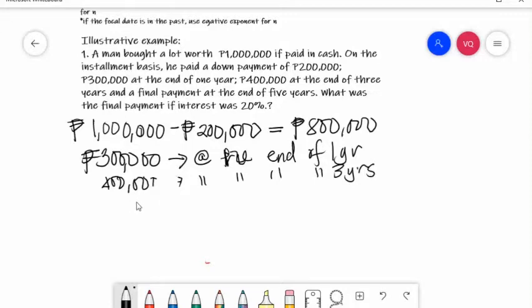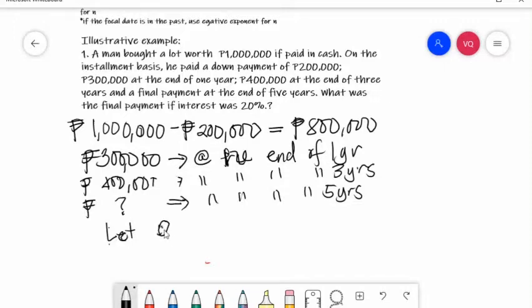So what will be its final payment at the end of 5 years? So let Q be the final payment.